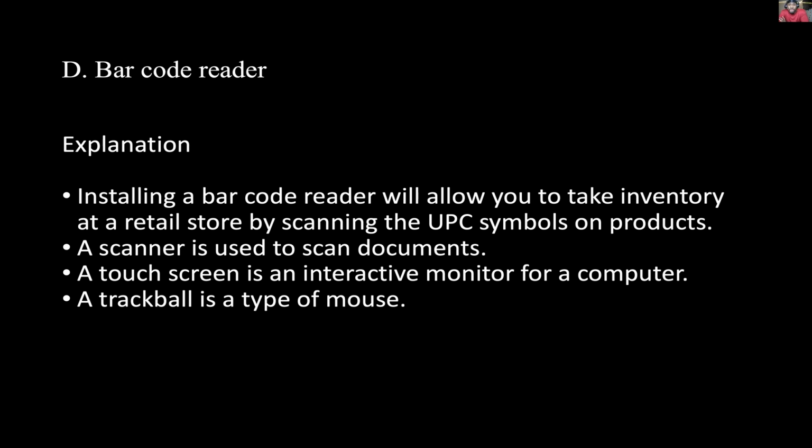You also use it at the retail store, like self checkouts. I haven't seen a button at Walmart or Target, I just see a touchscreen. A trackball is a type of mouse. So if you see this question on your exam day, just barcode reader will suffice.